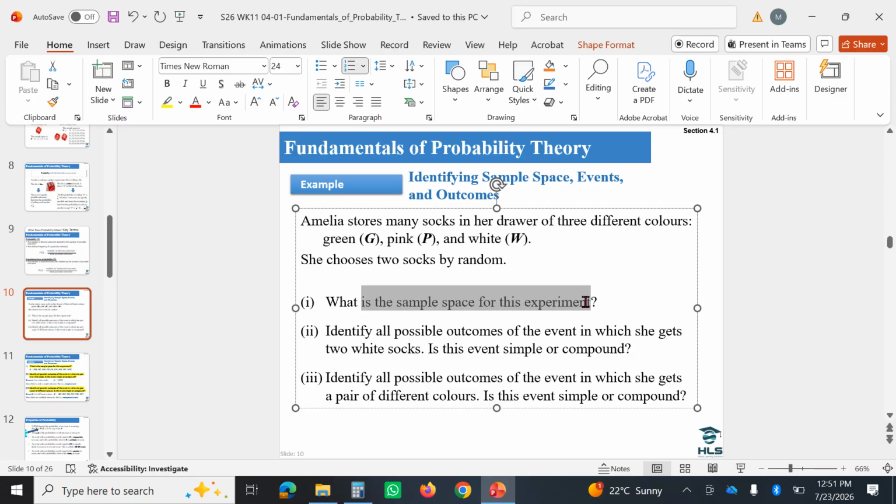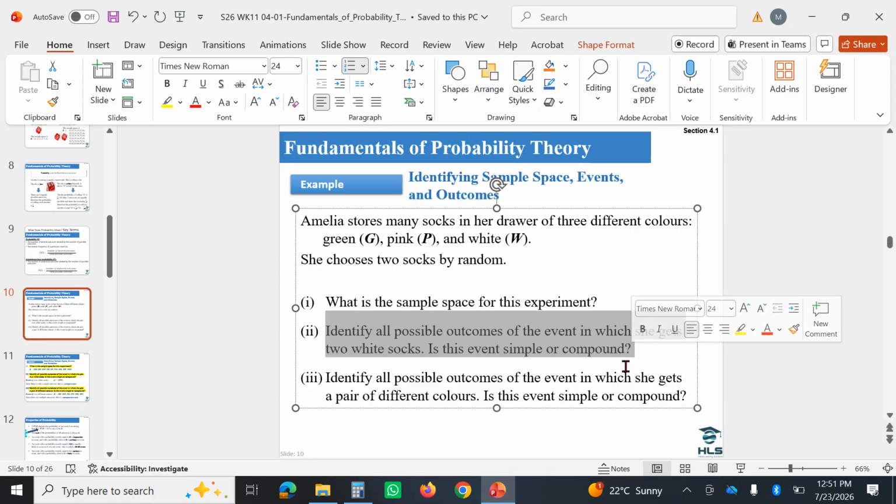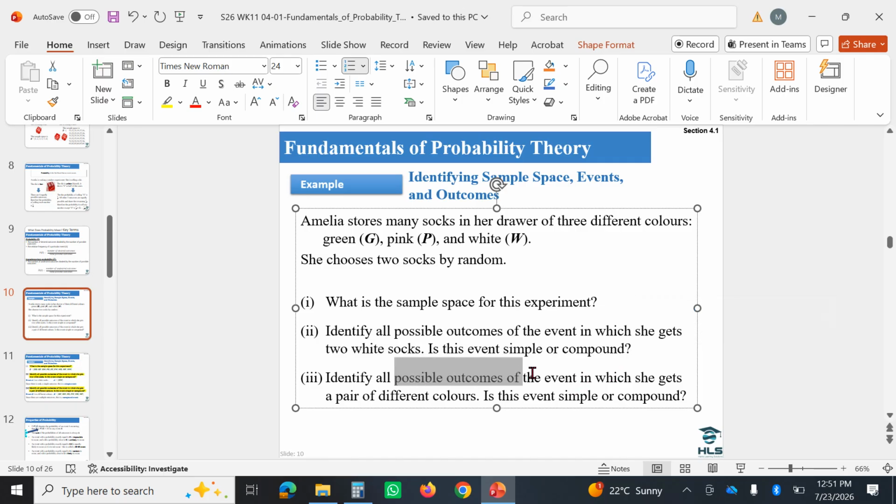What are all of the possible outcomes? Identify all possible outcomes in the event in which she gets 2 white socks. Is this event simple or compound? Identify all possible outcomes of the event in which she gets a pair of different colors. Is this event simple or compound?